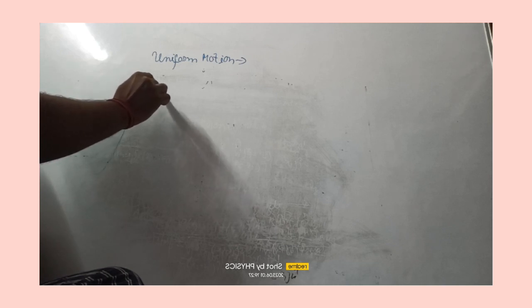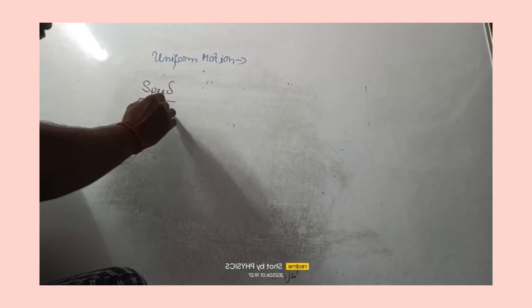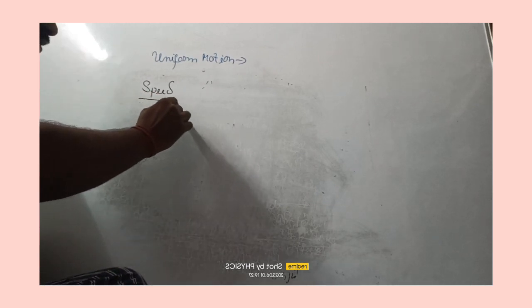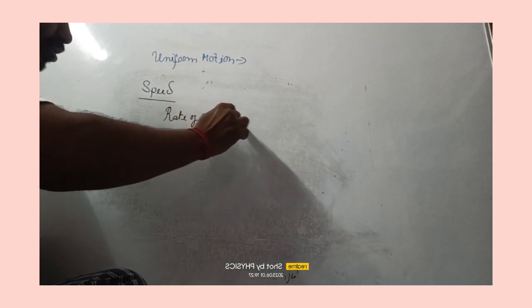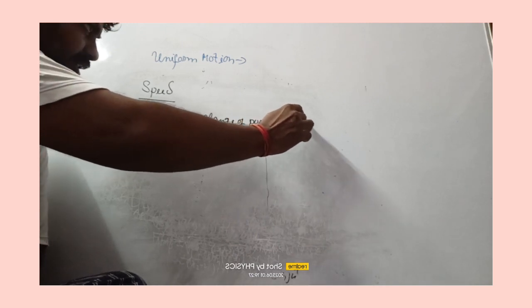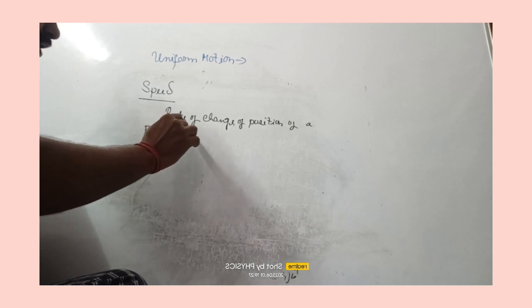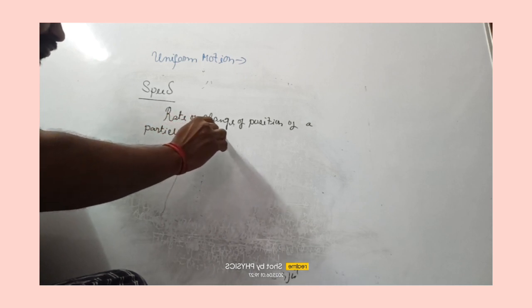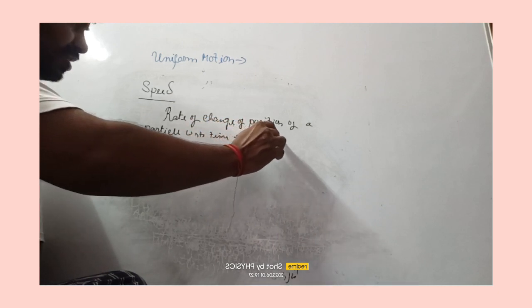Now let us move to the next topic, that is speed. What is speed? The rate of change of position of a particle with respect to time is known as speed.